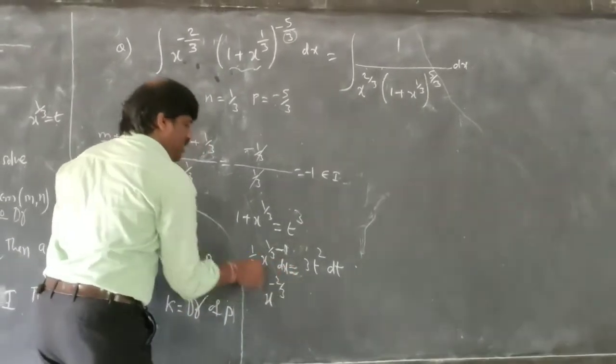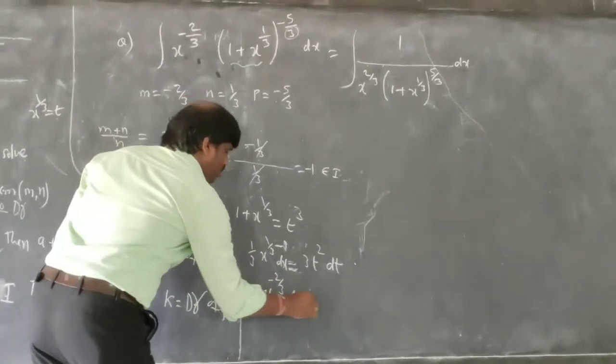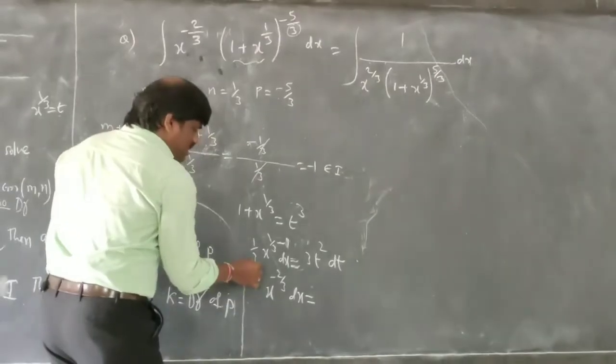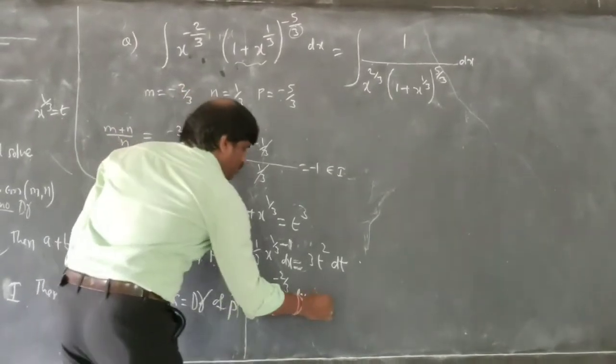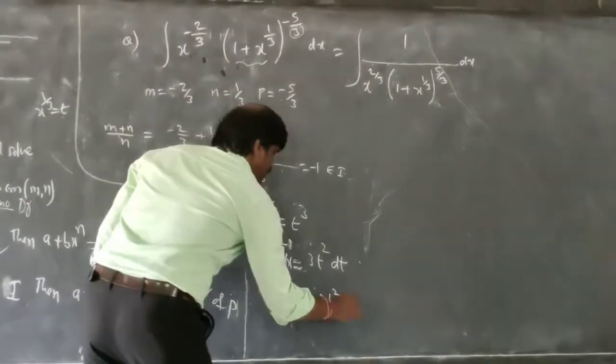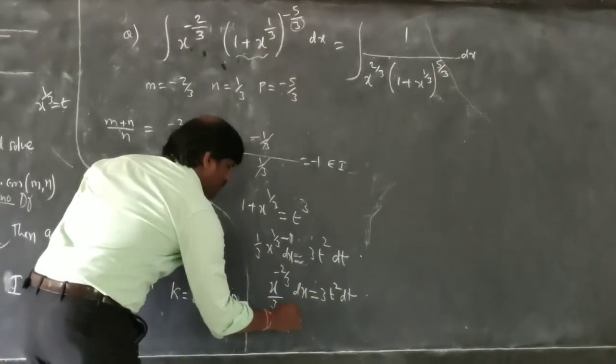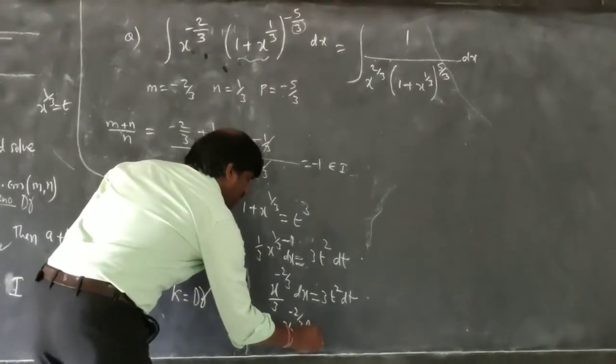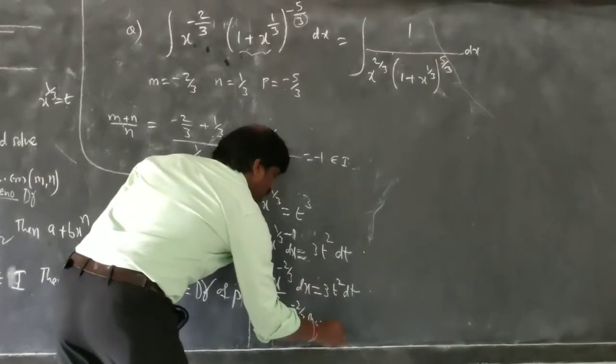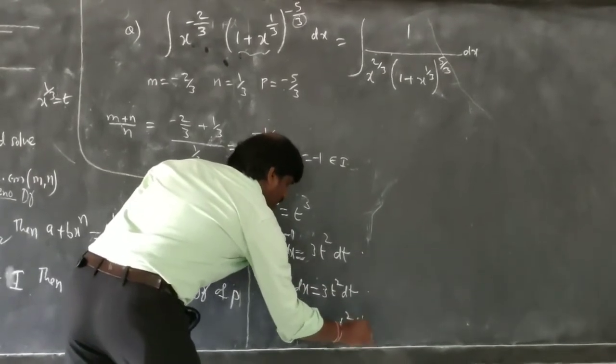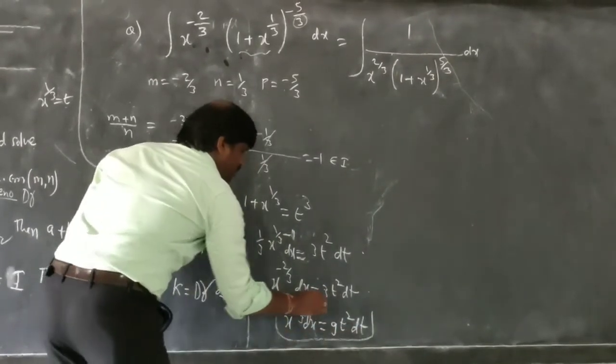Sorry, I forgot dx. dx is equal to 3 into 3t square dt. It means I can write x power minus 2 by 3 dx is equal to 3 times 3, that is 9t square dt. This is what you got.